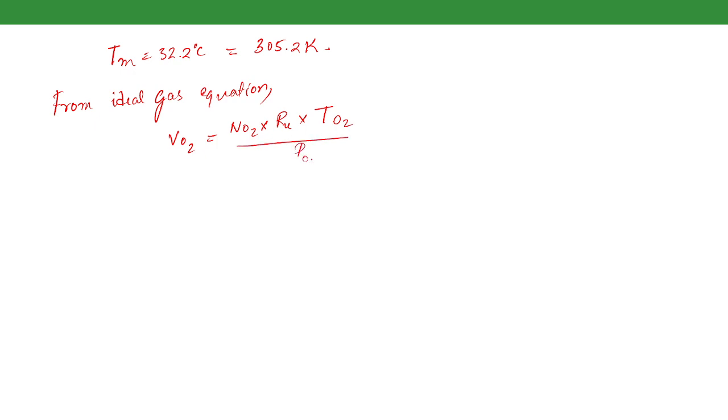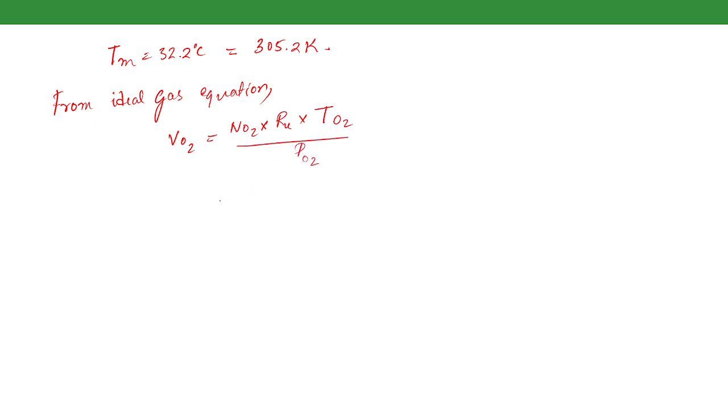So we can determine the volume of the mixture by first determining the individual volumes of the gases. From the ideal gas equation, the volume of oxygen is the number of moles of oxygen multiplied by Ru, the universal gas constant, multiplied by the temperature of oxygen, divided by the pressure of oxygen.